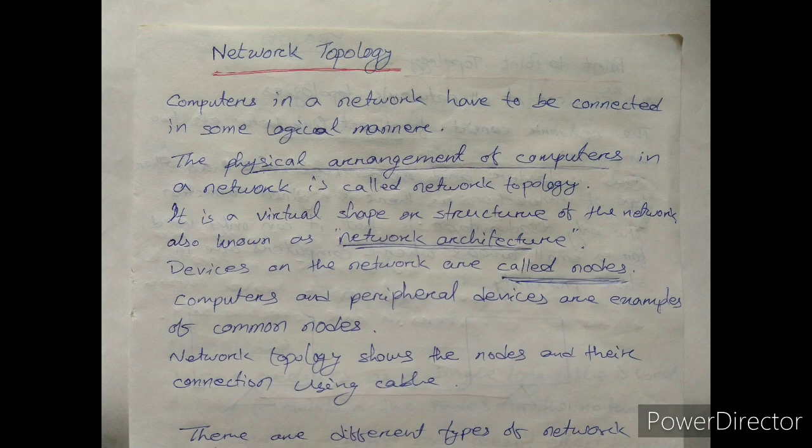We are arranging things in a concept, like computers will be connected in this manner. The structure that we create by that is network topology, or we can also call it network architecture.